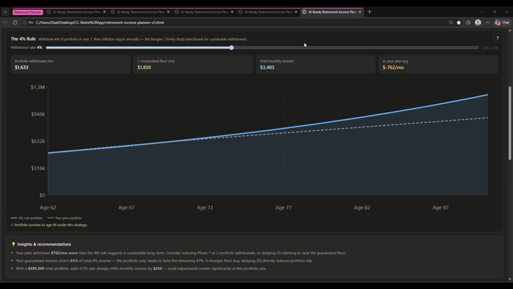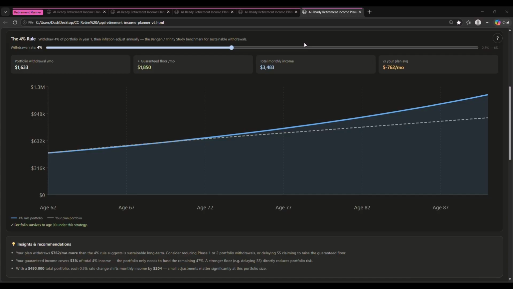The 4% rule has one known limitation. It's rigid. It doesn't respond to what markets actually do. Variable percentage withdrawal, VPW, fixes that. Instead of withdrawing a fixed dollar amount every year, variable percentage withdrawal withdraws a percentage of your remaining portfolio that's calibrated to your growth rate and how many years you have left.